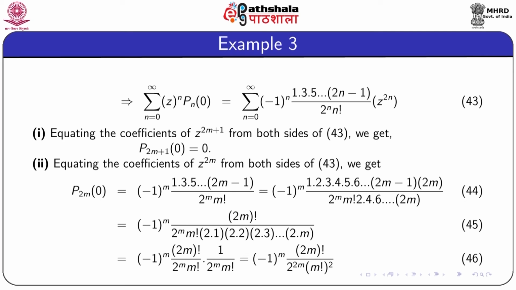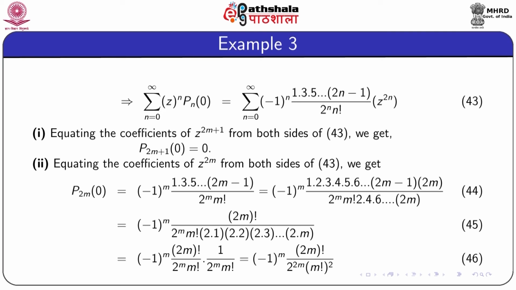What we do is multiply this expression in 46 by 2.4.6...2m, both numerator and denominator, and if you do that, the numerator becomes (2m)!, the denominator becomes 2^m m! multiplied by 2.1, 2.2, 2.3...2.m, which is obtained if you take 2 common from all the m terms in the denominator, given in 48.